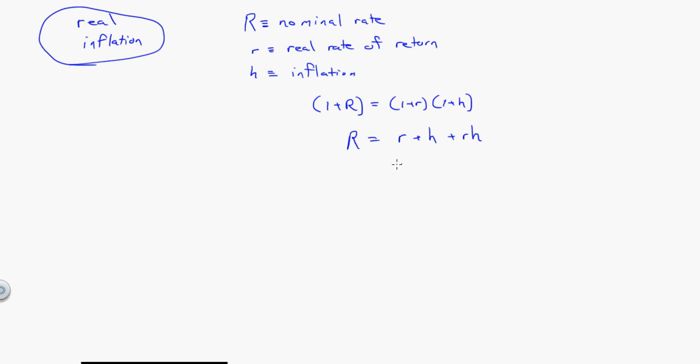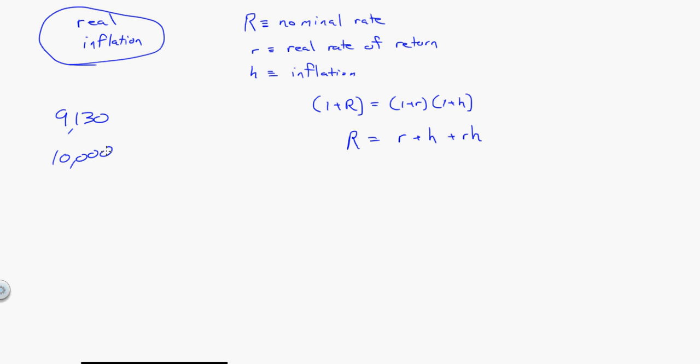So let me tell you about the real rate of return. The real rate of return tells me I'm buying more stuff. So don't think of it as giving up $9,130 today to get $10,000 in the future. I'm giving up whatever $9,130 will buy me, so in the future I can get $10,000 worth of stuff.